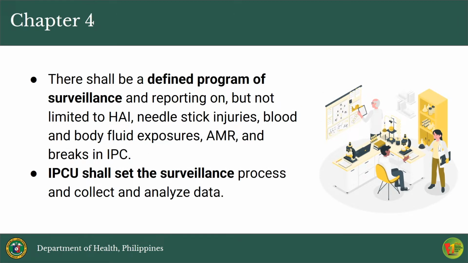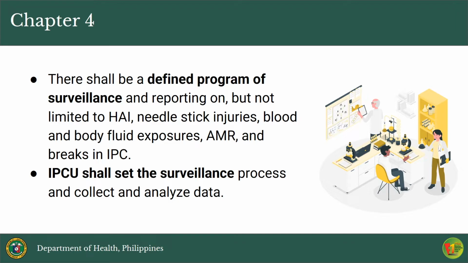There shall be a defined program of surveillance and reporting on, but not limited to, healthcare-associated infections, needle stick injuries, blood and body fluid exposures and antimicrobial resistance, and breaks in infection prevention and control protocols. Healthcare-associated infection surveillance as a minimum requirement at the primary facility level should follow national standards.